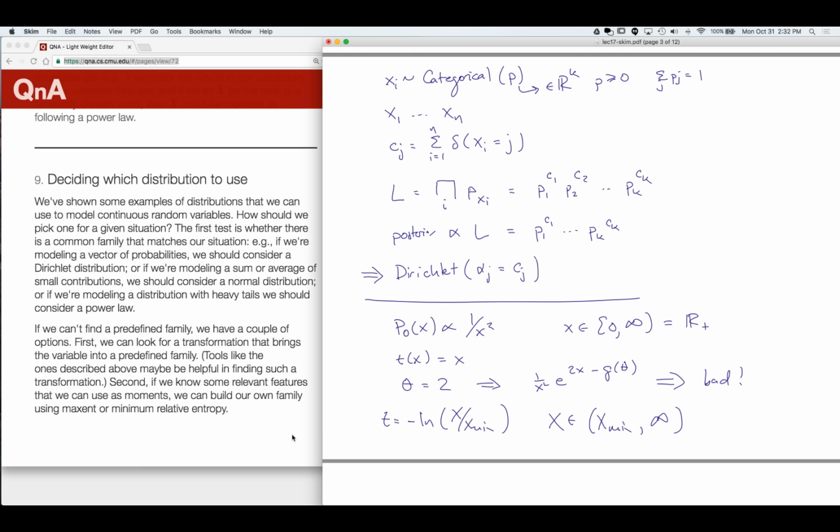For other situations, you might have problem-specific intuition that lets you figure out what the appropriate features are. Like, for example, in the homework problem, we might have an intuition that the day of week influences how likely a homework is to be due on that day. And so we pick day of week as a feature. And then once we have the relevant list of features, we can build our own family using Maxent or using minimum relative entropy.